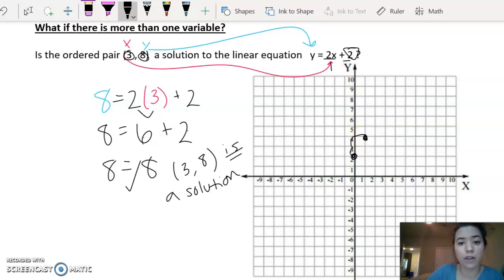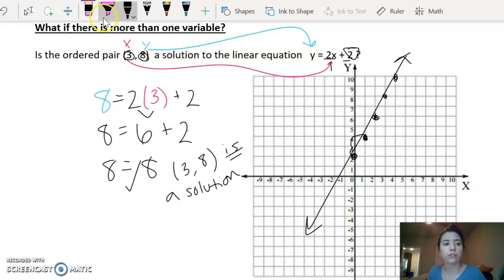I'm going to keep making points here to make it a little clearer. Oh my goodness, that was a bad line. And then we graph that line. Okay, so there's my line.